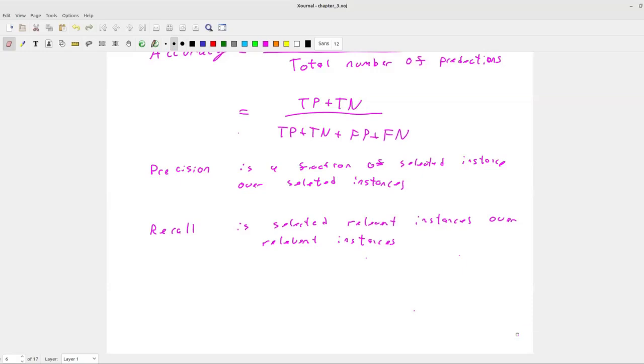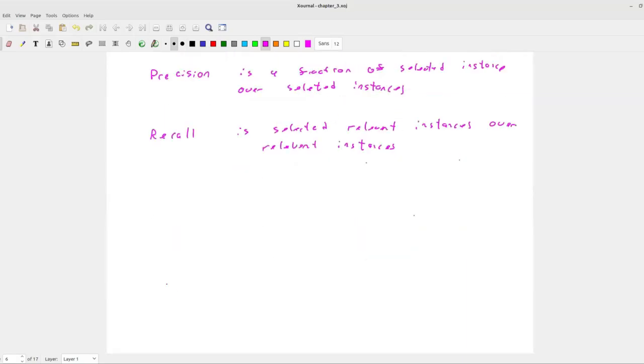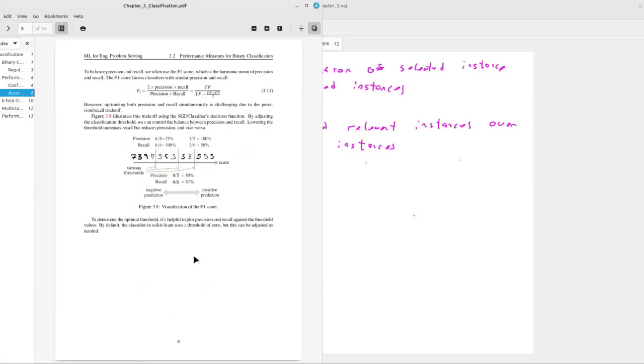So before we look at a graphical diagram of this, well, actually, let's look at the graphical diagram first, and then we will define a few terms. I like the graphic.